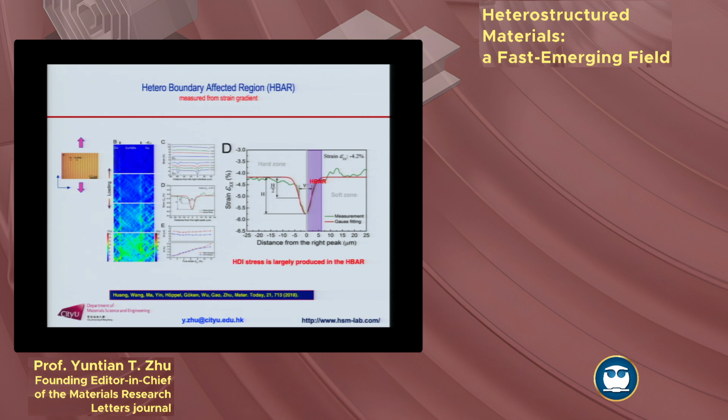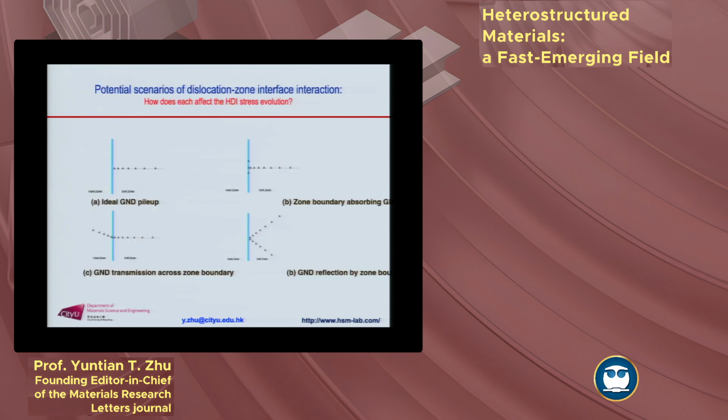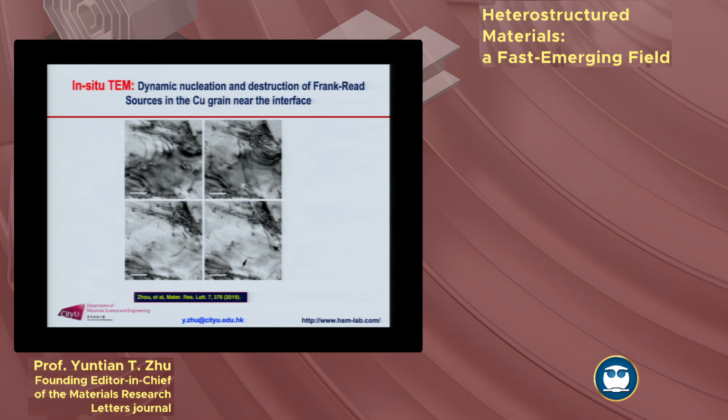So we came to a conclusion that the dislocation sources are at the grain boundary, at the zone boundary in that paper. Later, we did experimental observation, and we found that is wrong because we found the dislocation source is still in the gradient, still inside the grains.